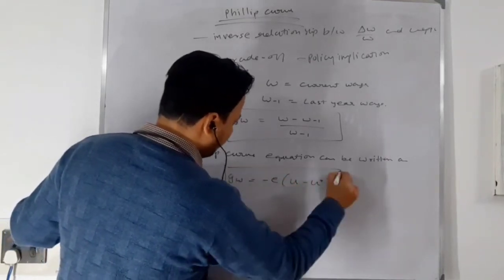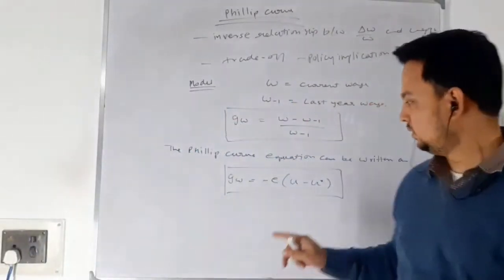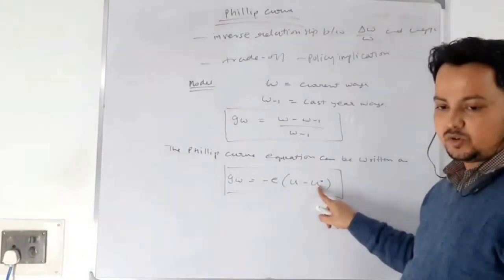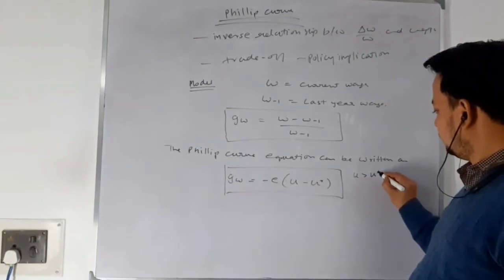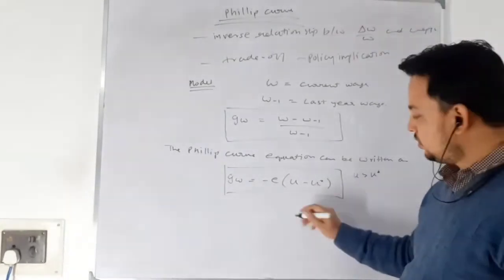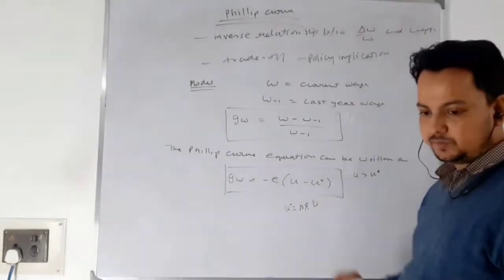I am going to explain it, don't worry. Here, U star is the natural rate of unemployment.